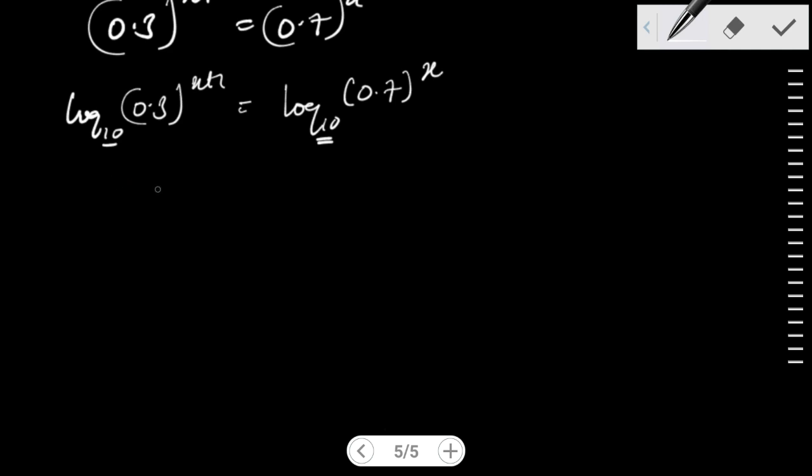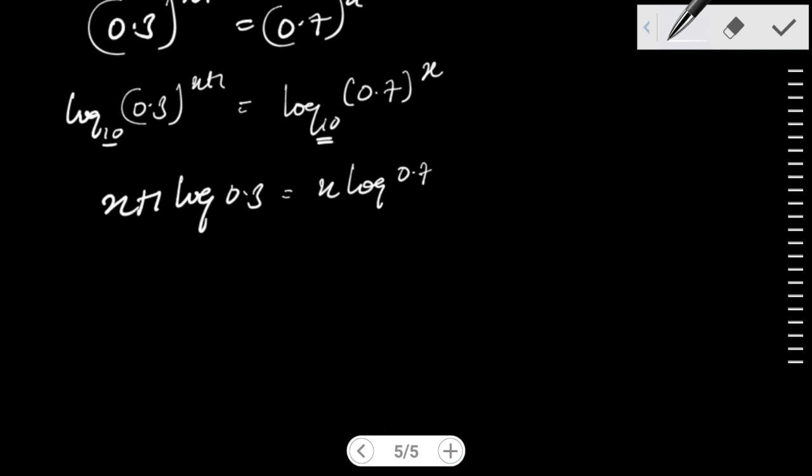Therefore this is going to be x plus 1 times log of 0.3 equals to x times log of 0.7, and I want to get the value of x.